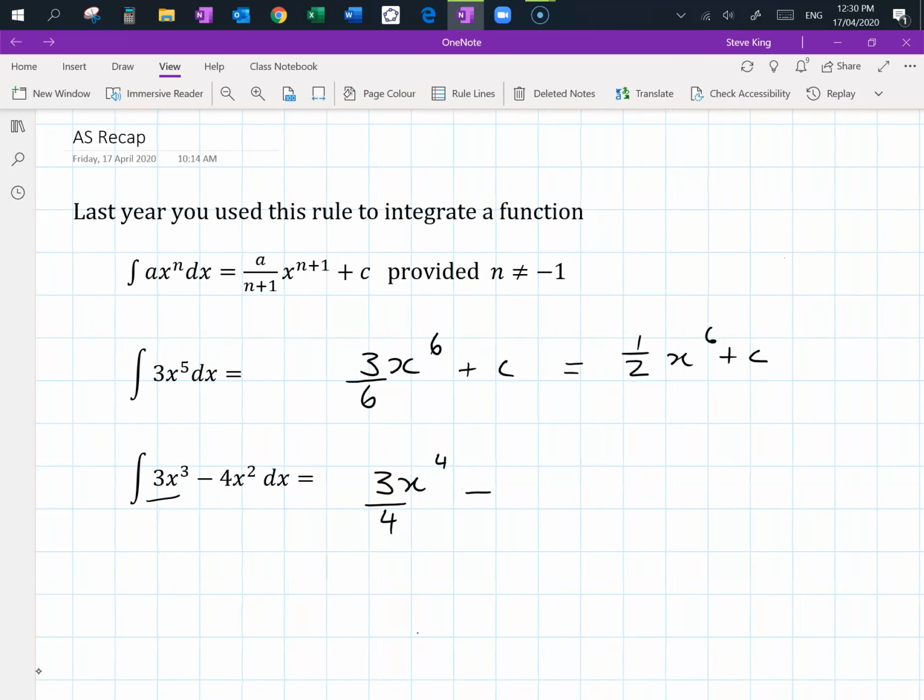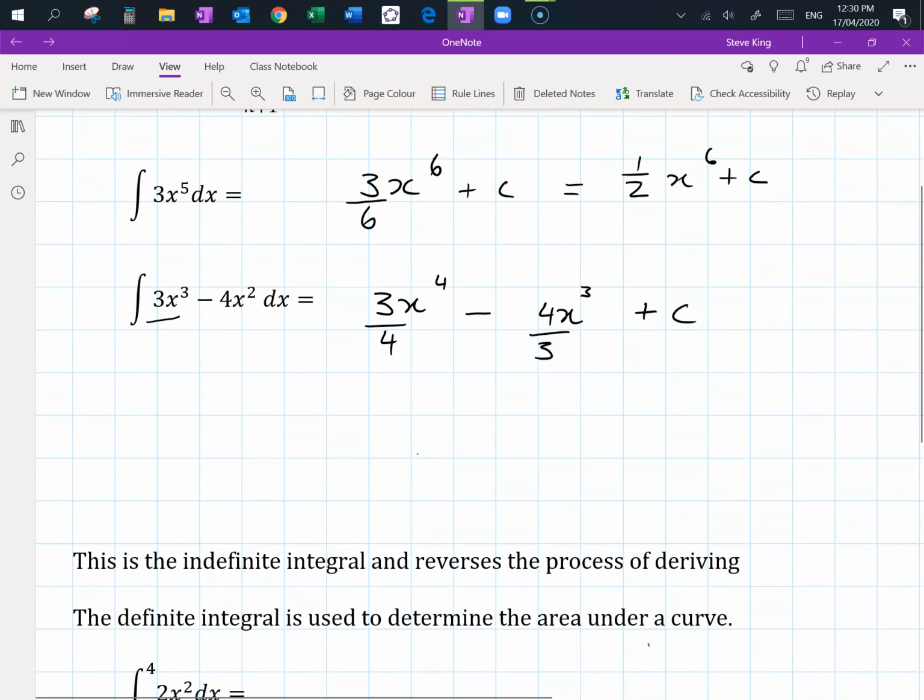That was 4x. The power of x was 2. It's going to increase to 3, and that 3 is going to become the denominator of my fraction for that particular term, and then I'm going to add c. I only have to add one c despite the fact that I had two terms there. Now you can leave it like that, or you can go and put it over a common denominator. I'm not going to bother about that at this stage.